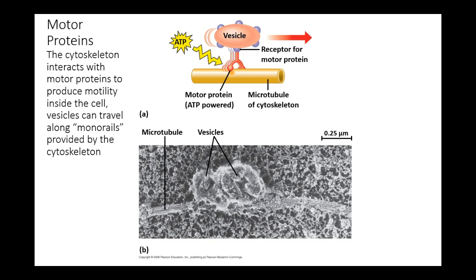And these microtubules are so designed that they can be recreated where needed. So they aren't just willy-nilly throughout the cell, and it's a matter of whether there's a monorail needed there for that vesicle to move. They actually can be recreated because of the design of the microtubules.